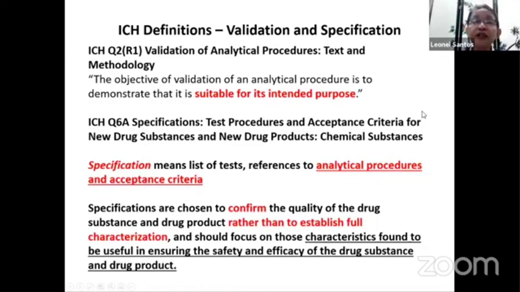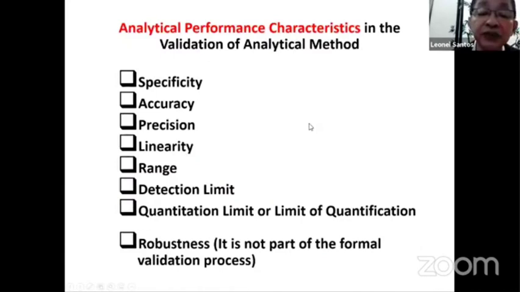Specification is also important to understand, because when we go to understanding verification, specifications are chosen to confirm the quality of a drug substance and drug product. It is not intended to describe the full characterization of the article, and it is focused only on ensuring the safety and efficacy of the drug substance and the drug product. So that's the purpose of specification.